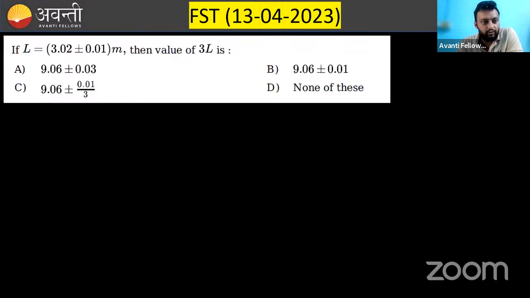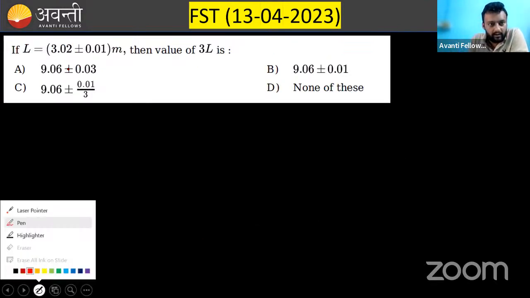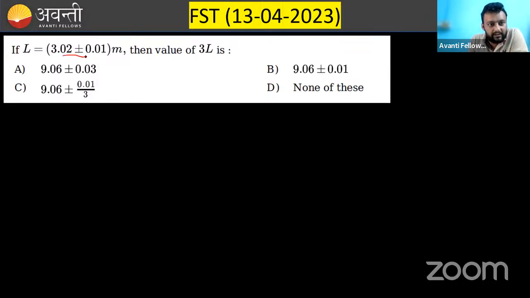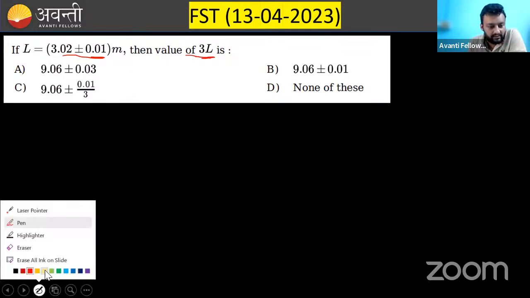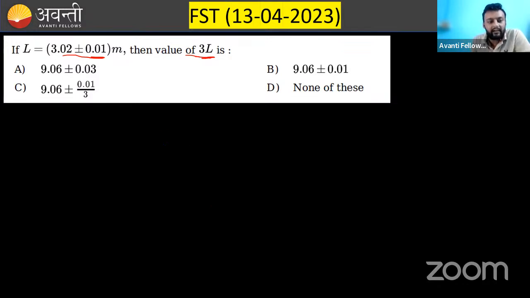Now this is class 11th question. What are they asking? They are saying that L is 3.02 plus minus 0.1 meter, then value of 3L will be option A. Very good. I think everyone got that answer now. You can add in addition or subtraction.